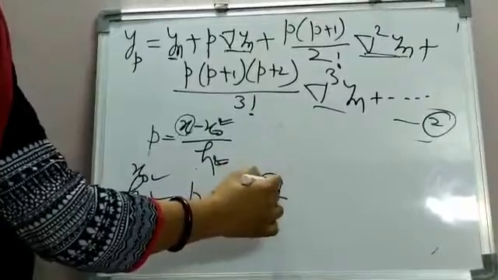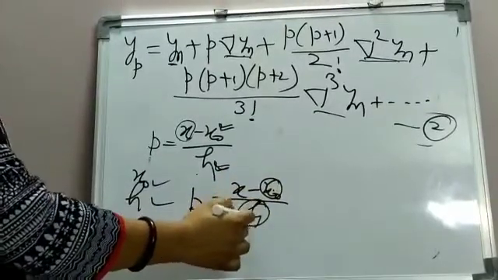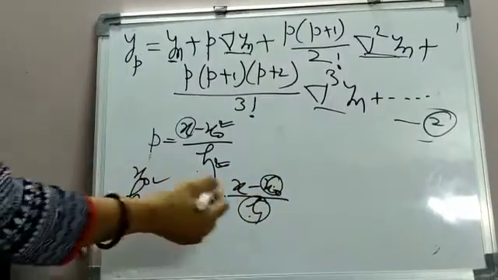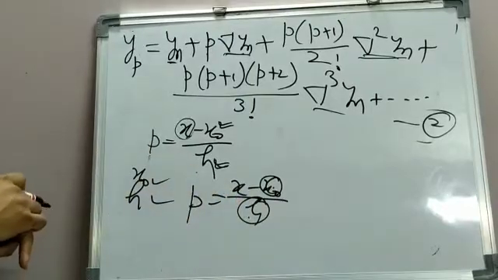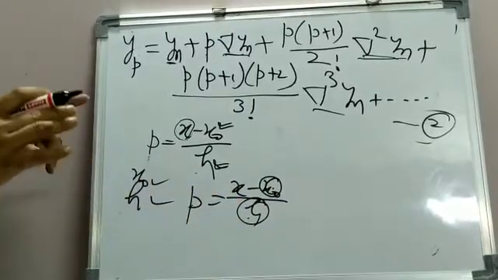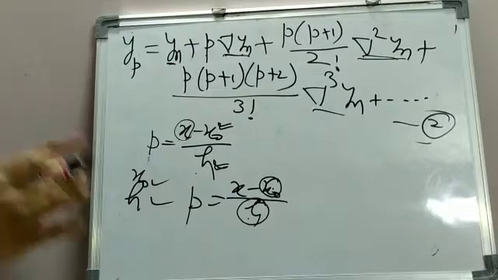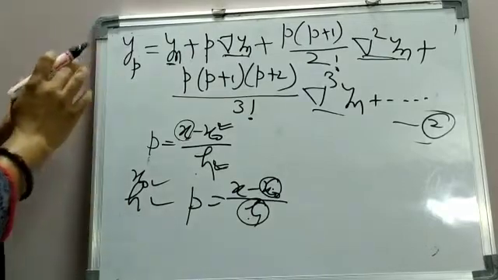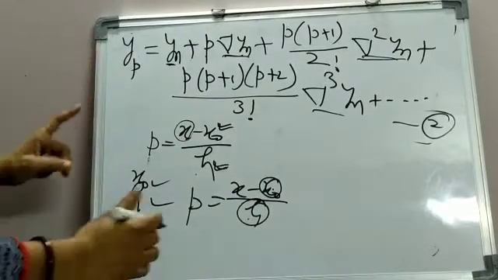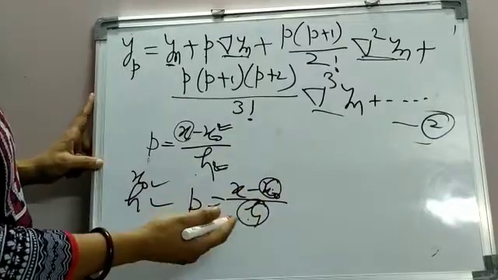The known values you will substitute, and x will remain as it is, because you need to identify the entire polynomial which is going to interpolate the given data points. So here you don't have the value of p numerically.